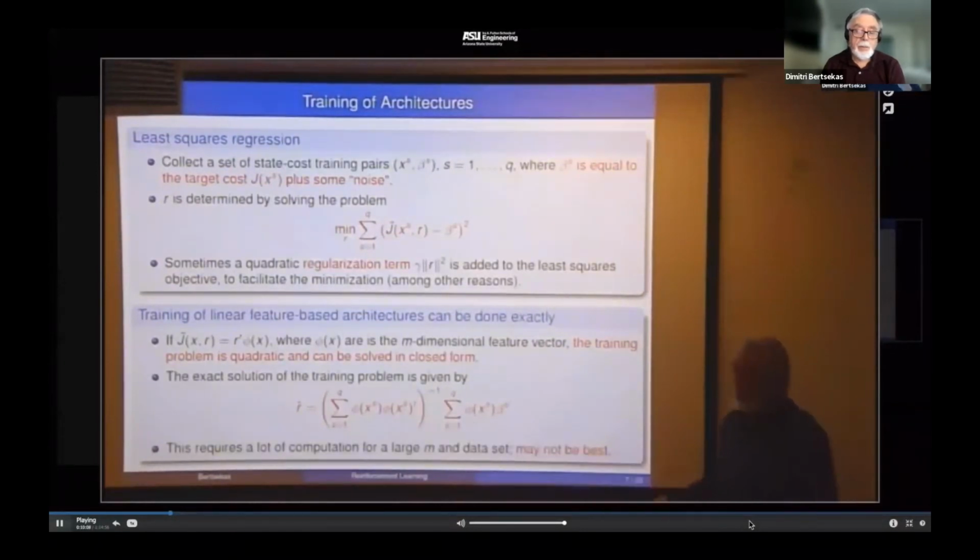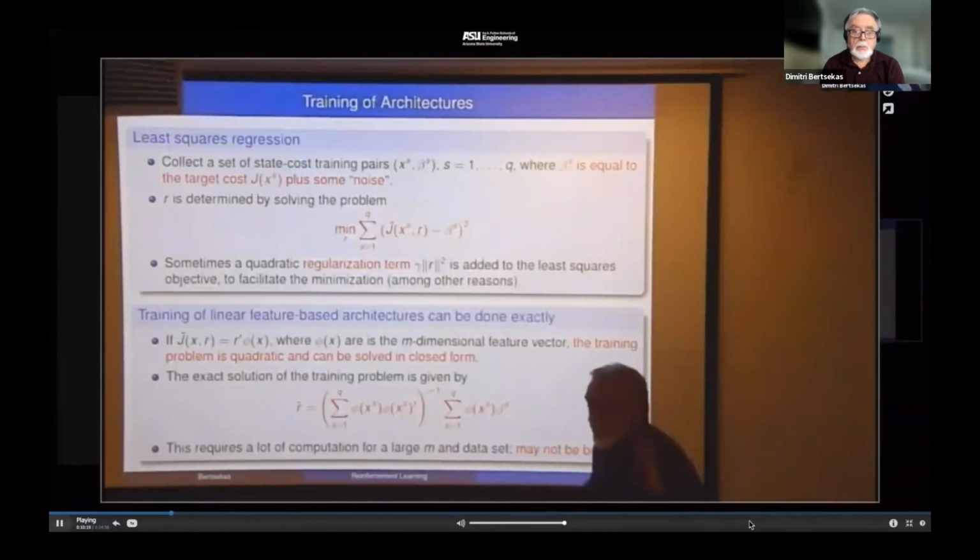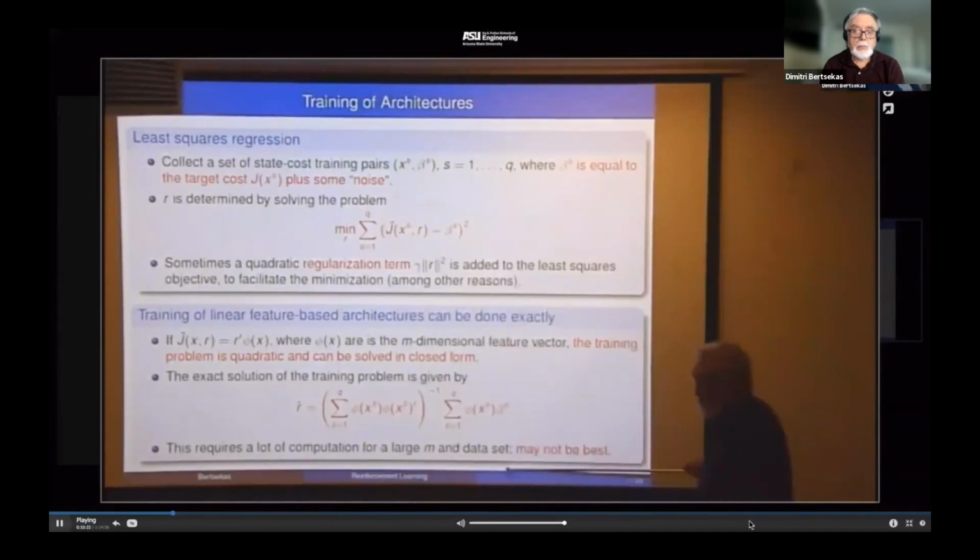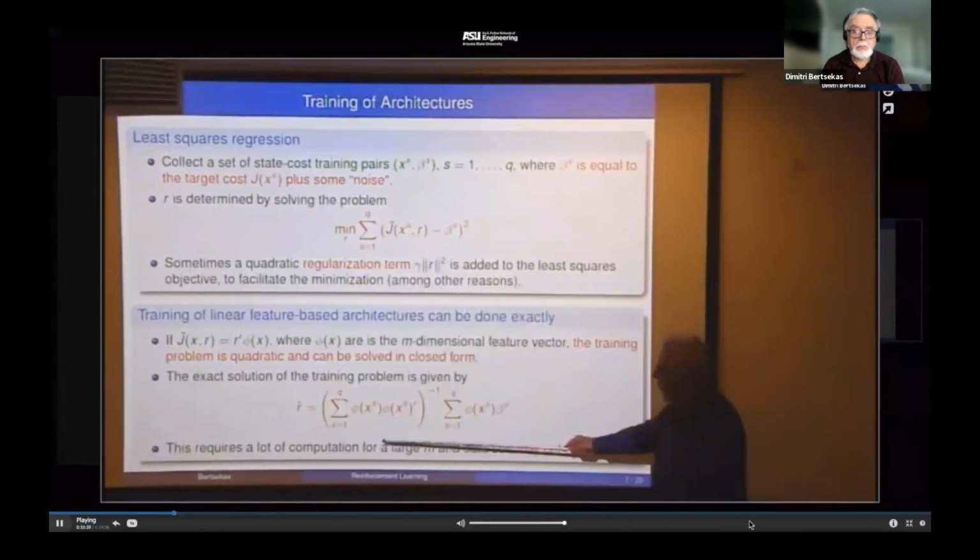Where is the computation here that bothers us potentially? The inverse, the inverse. The inverse bothers us, okay? When does it bother us? If we have a high dimensional matrix here, lots of features, let's say 10,000 features, and this becomes a 10,000 by 10,000 matrix.